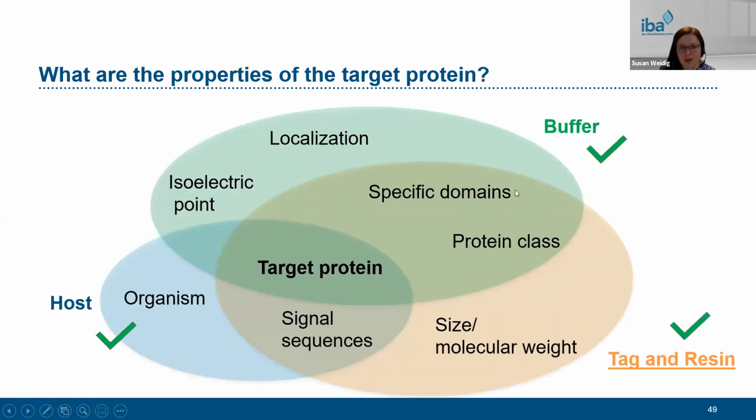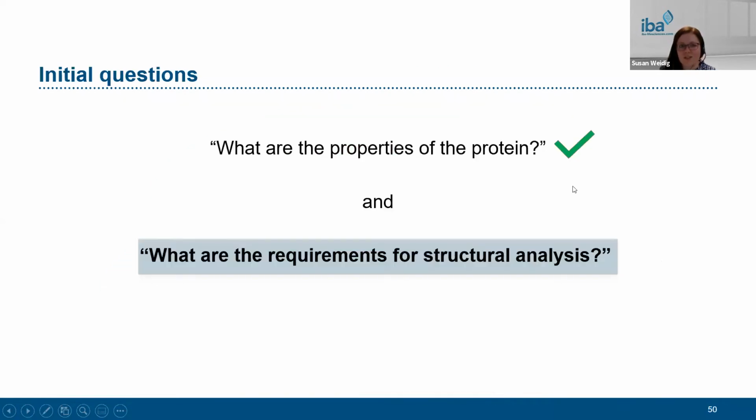Now we have finished the last circle, the tag, to find the tag and the resin, but the selection of the tag and the resin is also influenced by our second question. What are the requirements for structural analysis?